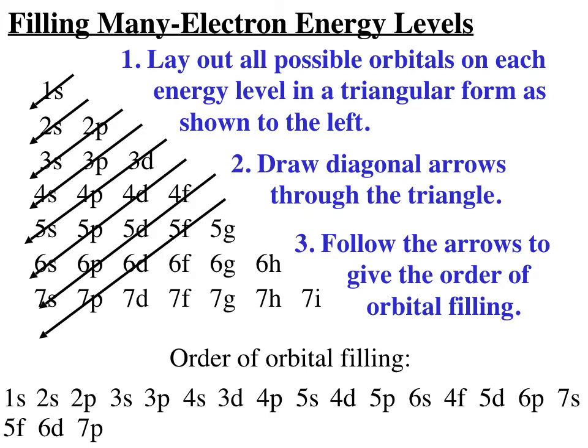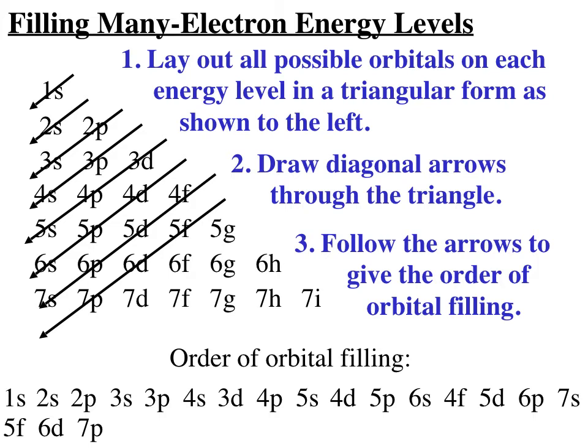On level 1 you can only have a 1s. On level 2 you can have 2 orbitals, 2s, 2p. Level 3, 3s, 3p, 3d. 4s, 4p, 4d, 4f. Under that, then you make a 5-member triangle going out to G, a 6-member triangle going out to H, a 7-member triangle going out to I. So you have this basic shaped triangle that you would see from those.